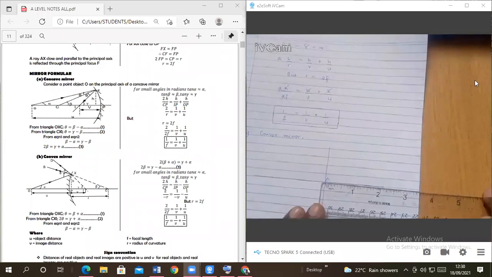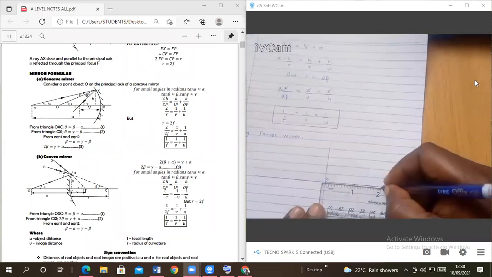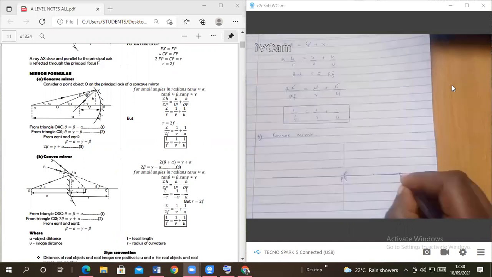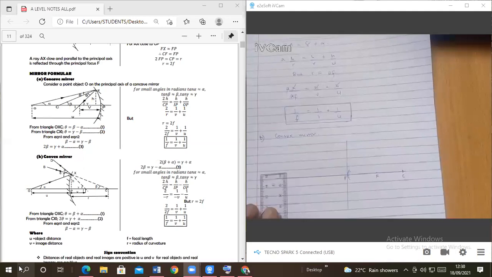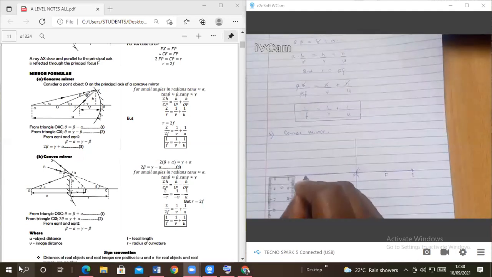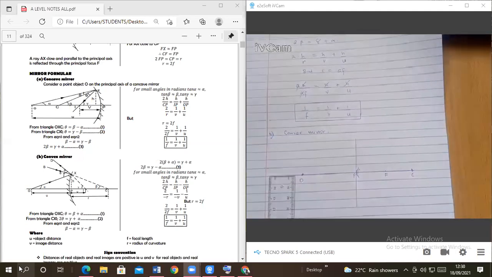So if this is F here, then this will be C. So I'll have C here and my F is there. They are virtual, they are inside the mirror. Now what we are going to do is have a point object before the pole. So somewhere here, you can have the object there.